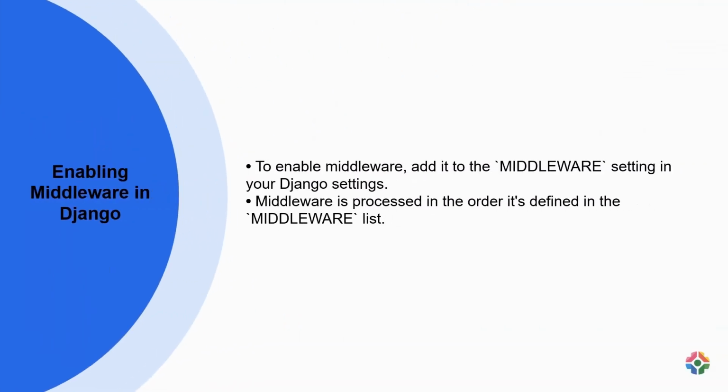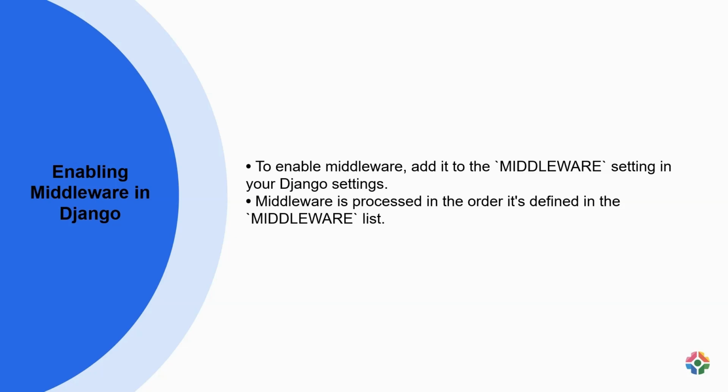Middleware in Django can be activated by listing it in the middleware setting in the project settings file. The order in which middleware is arranged in the middleware list is crucial as it dictates the sequence in which middleware functions are executed. For instance, if you have a custom middleware that needs to alter request data before Django's built-in middleware processes it, ensure it appears higher in the middleware list.